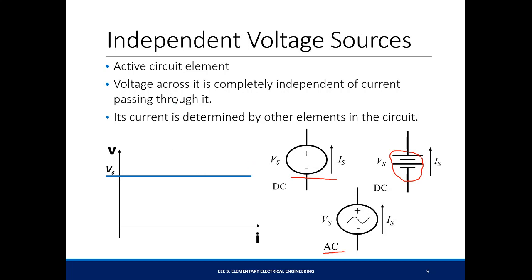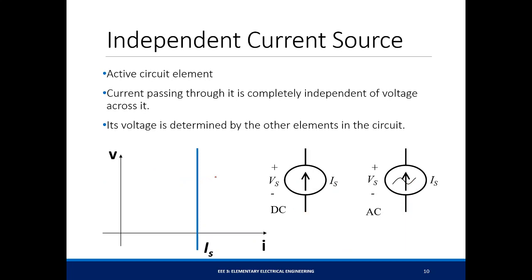And its voltage current characteristic or VI curve is represented by a straight line. What does this mean? It means that for any value of current passing through, positive or negative, its voltage stays the same. So the voltage stays the same regardless of current passing through it. And that's it. This is your independent voltage source.